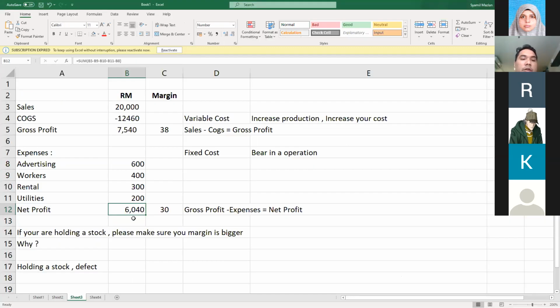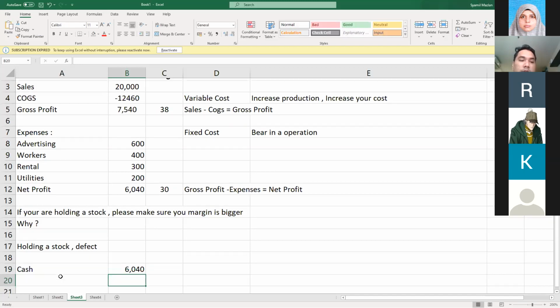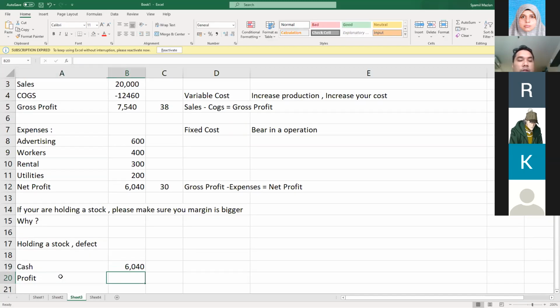We get a net profit of 6,040 ringgit. So where should we put it, right or left? When you are making a net profit, we also get the cash, right? We get cash of 6,040 ringgit, and your profit also increased by 6,040.